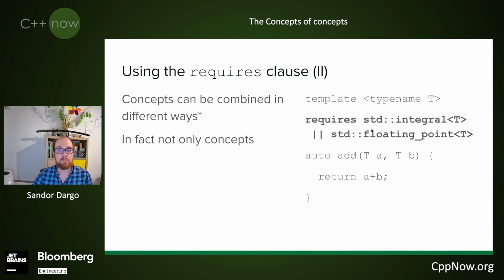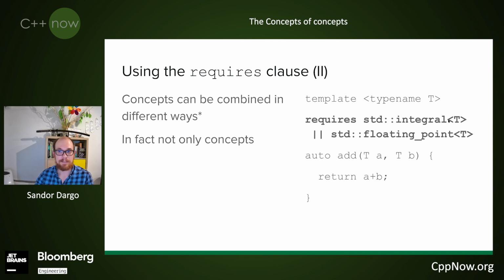And you can combine different concepts in many different ways. I put a small asterisk there because there are some rules that we'll check later together, and we can combine not only concepts but also other constraints. We can have different Boolean expressions there. We are going to see the details a bit later.